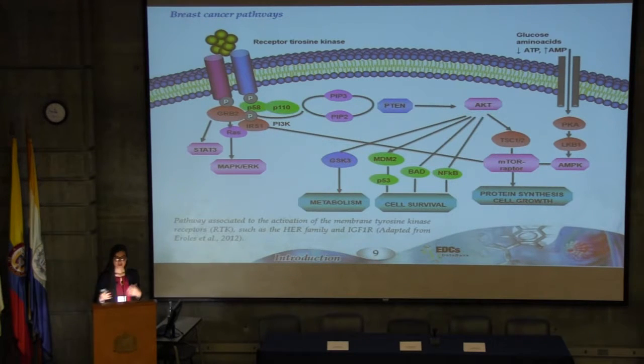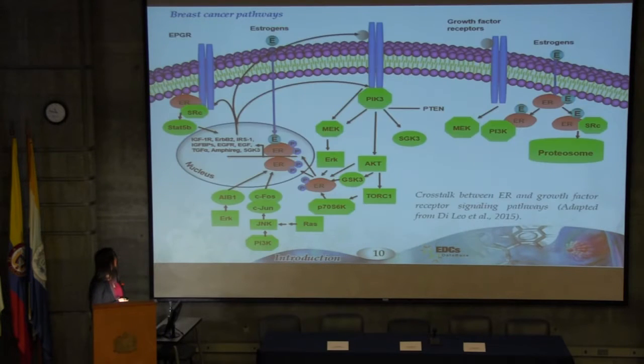Breast cancer shares some pathways with other cancers, such as those mediated by the receptor tyrosine kinase, which is deregulated to enable an accelerated metabolism, cell survival, protein synthesis and cell growth, which are common characteristics in cancer cells. This disease is also very regulated by hormones, and it is very influenced by the hormonal microenvironment.